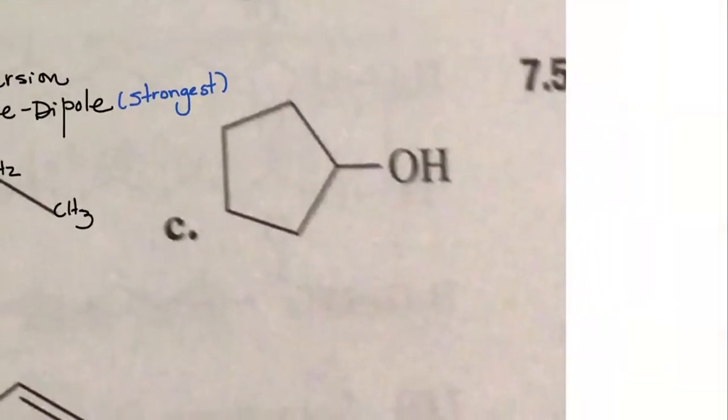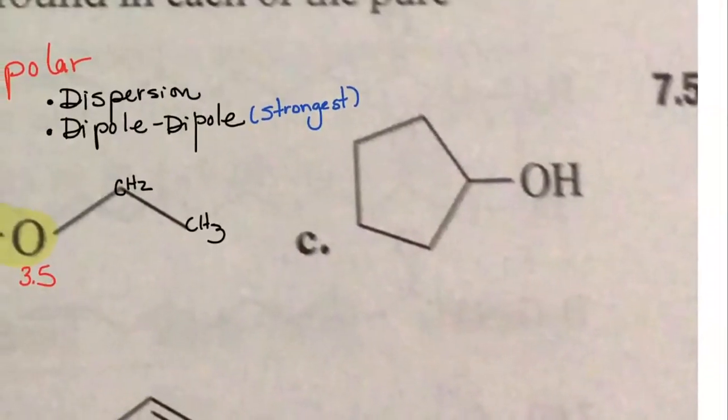Let's move on to the next example. Here we have an alcohol. Okay, this alcohol specifically has 5 carbon atoms. So let's understand that in this molecule we have 5 carbon atoms. Go back into the knowledge of polarity. I want you guys to remember.